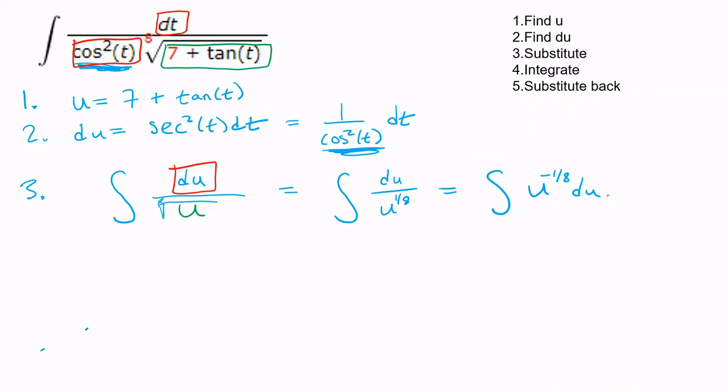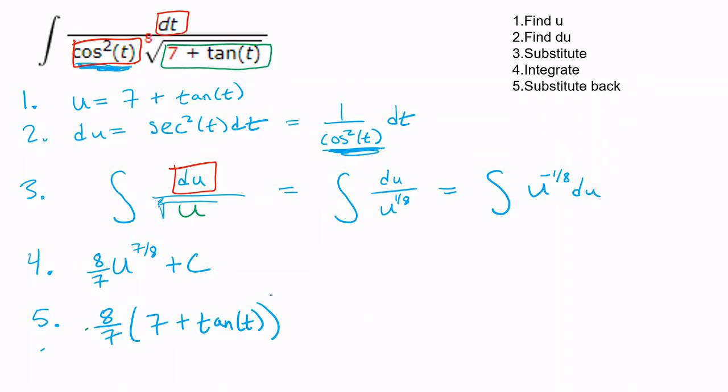Okay, so step 4, I'm all u's now, so step 4 is integrate, and I can integrate this. That's u, I add 1 to the power, and then I divide by 7/8, but remember, you could just flip that up to 8/7, plus c, and we substitute back into t's because that was our original variable, and we're done.